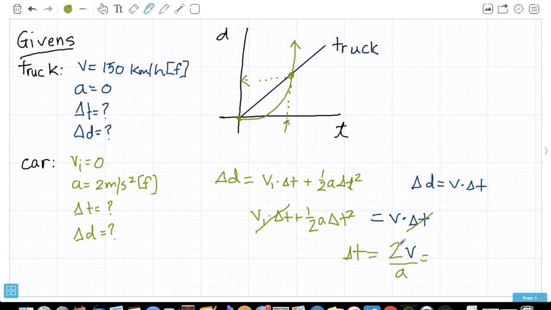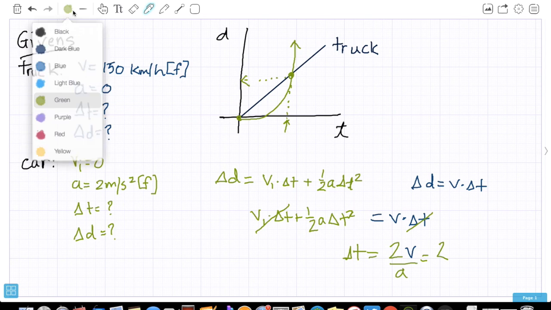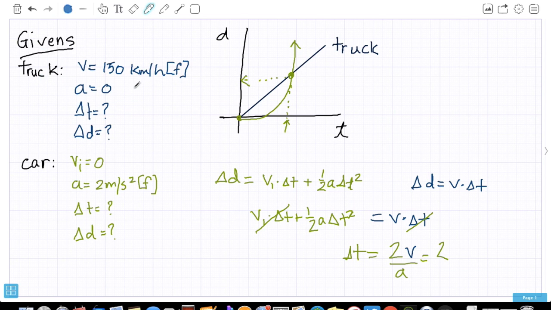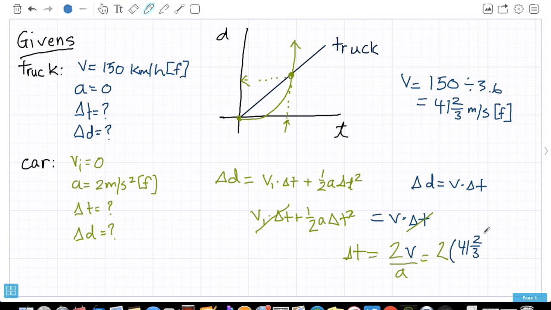So it's 2 times the velocity of the truck. Now, one thing I forgot to do is change this to meters per second. The velocity of the truck in meters per second is 150 divided by 3.6, and this ends up being 41 2/3 meters per second forward. So I'll plug that in here. And I'll divide by 2, and they cancel out nicely, so my delta t is actually equal to this.